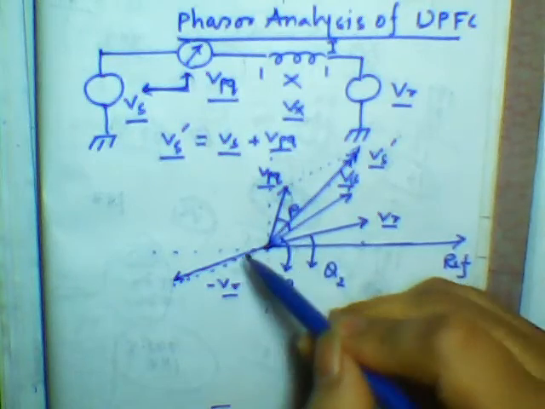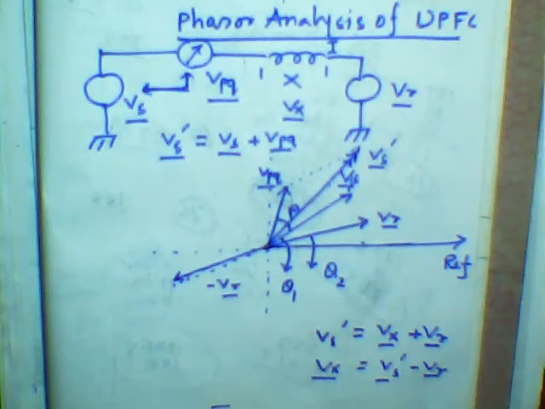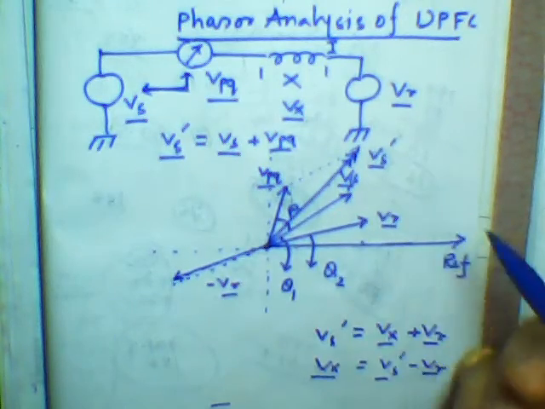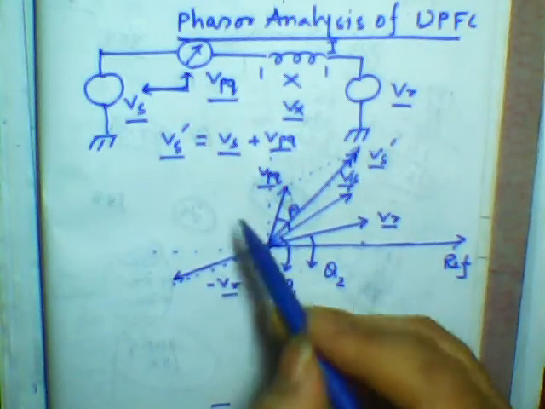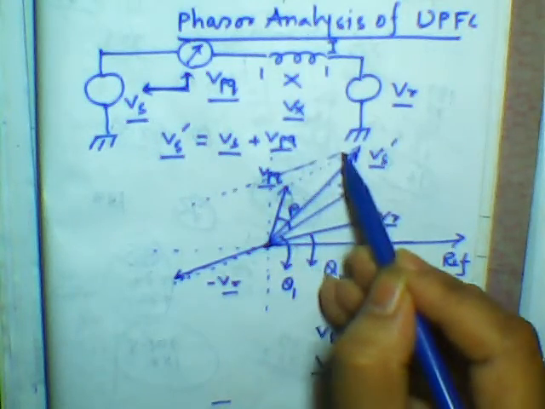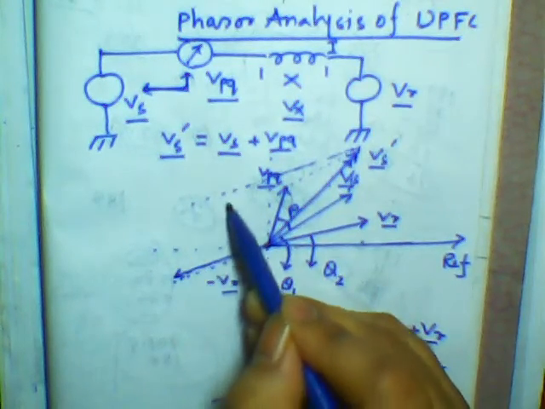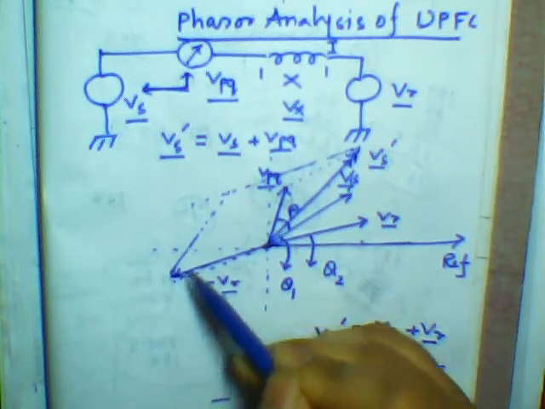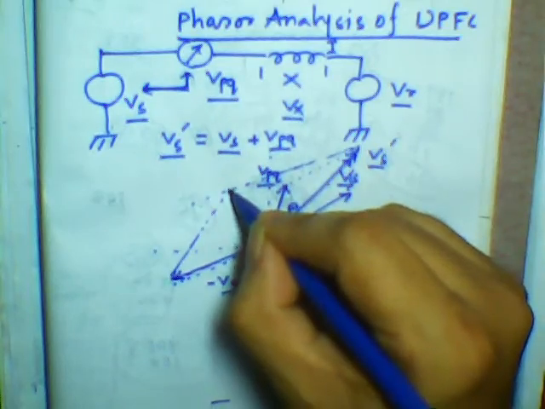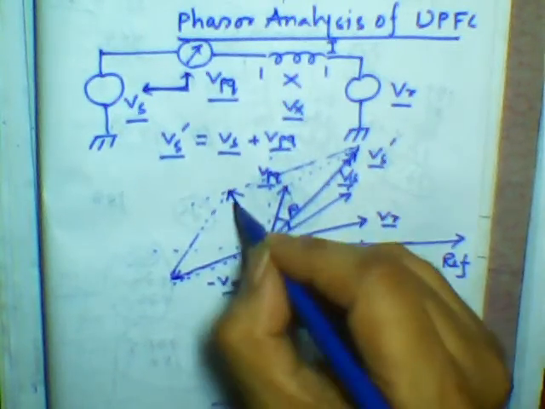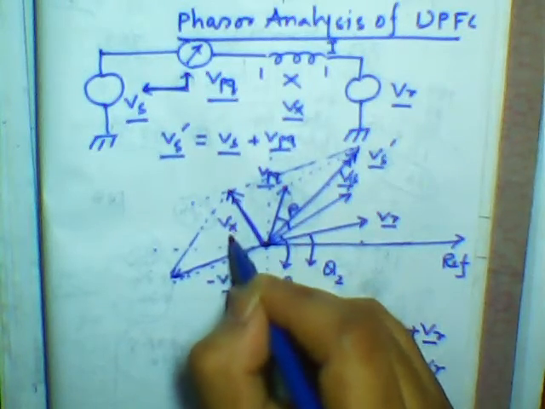To get the resultant of Vs prime and minus Vr, again we have to complete a parallelogram. So this will be completed like this, and your resultant is somewhere here. So this is your Vx vector.